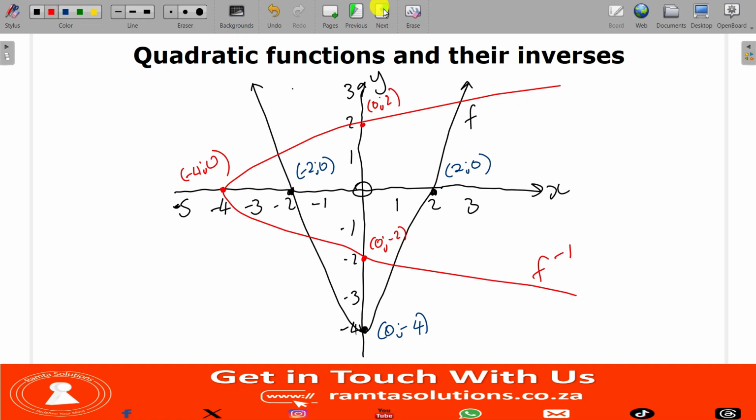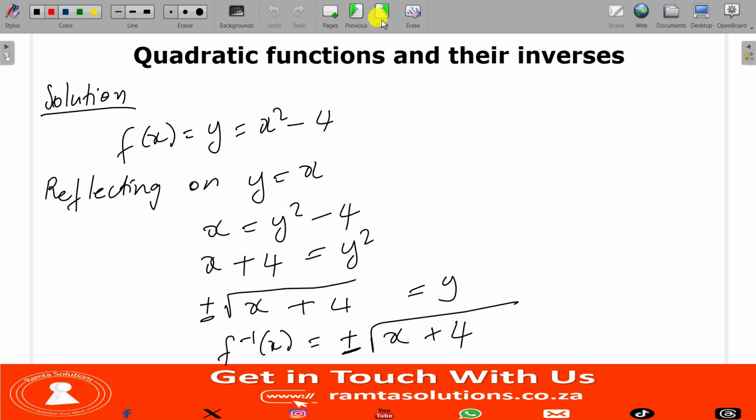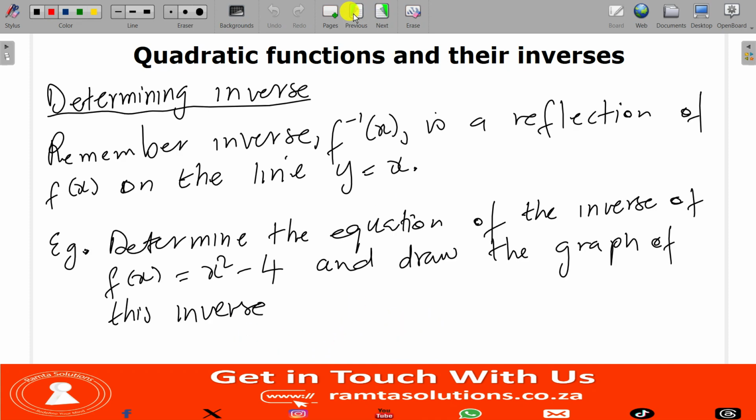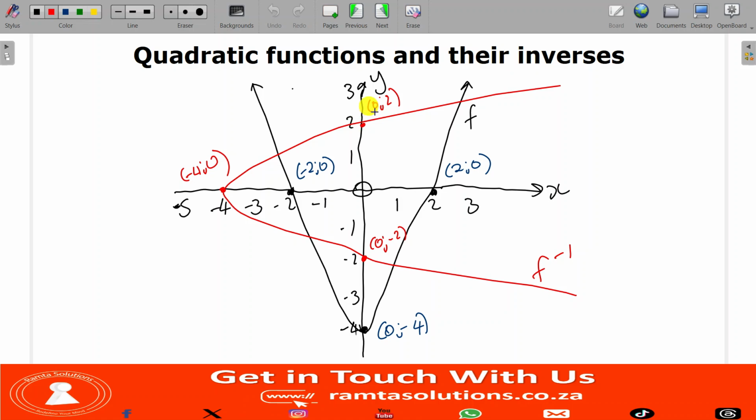Now let's check when x is 0. When x is 0, 0 plus 4, we have two values. Square root of 4, by the way, is 2. So therefore, we have y equals plus minus 2, meaning one y value is positive 2 and the other y value is negative 2. This is it. We are done. We sketched this graph, isn't it?